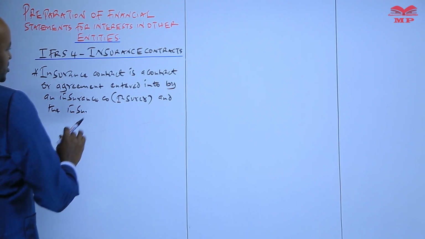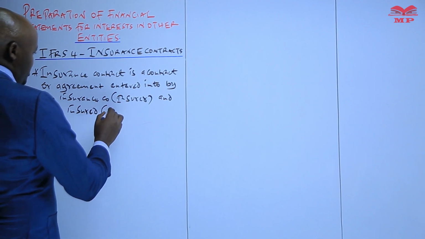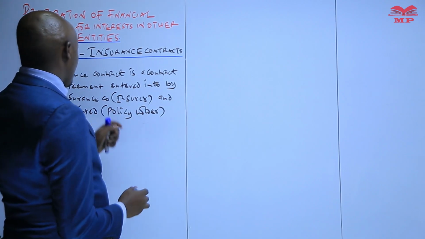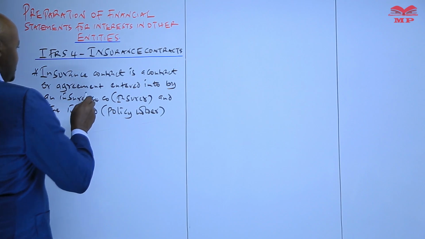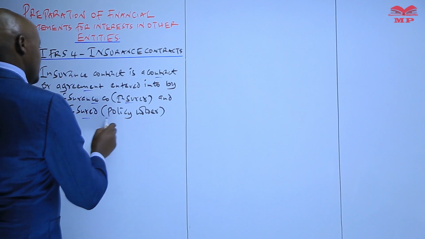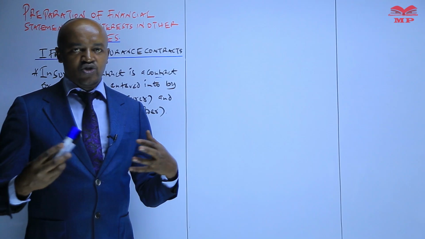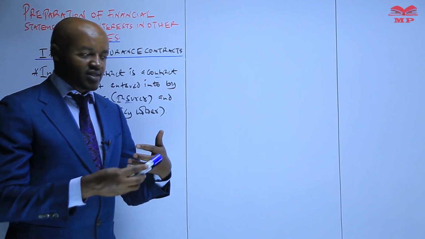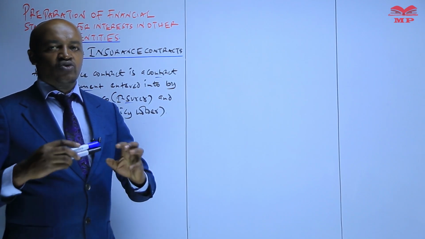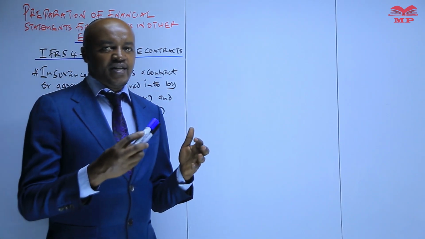When we talk about the insured, this is the policy holder. So basically it's a contract which is entered into between two parties. The first party is called the insurer or the insurance company, and the insured. In this particular contract, the insurance company or the insurer will undertake, or make a commitment, to indemnify or compensate the insured on the happening of a specified event.